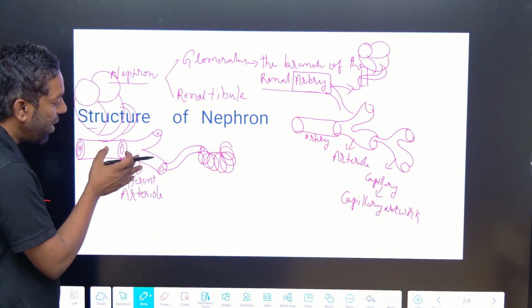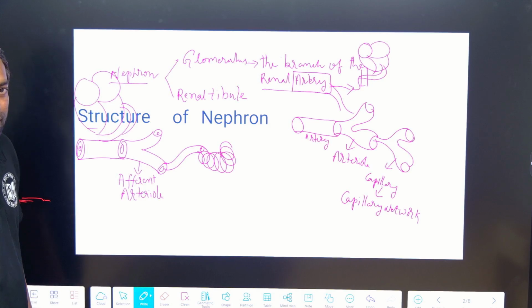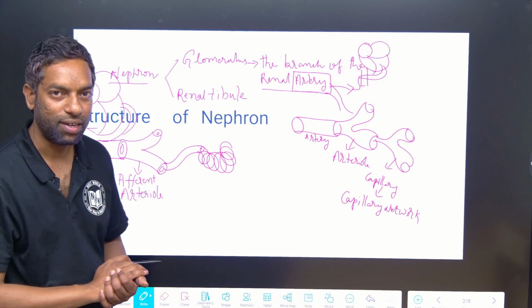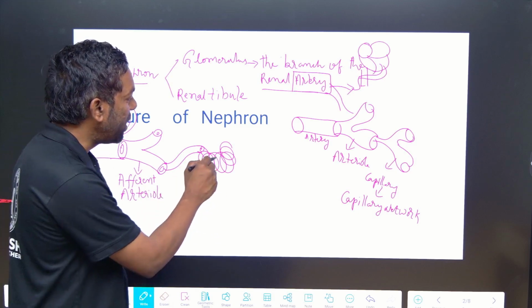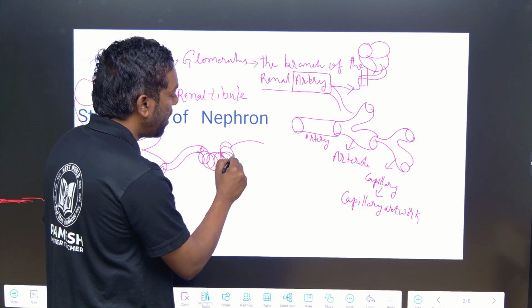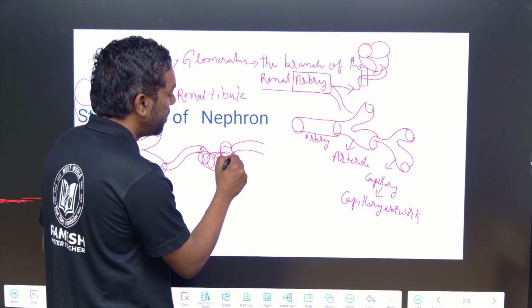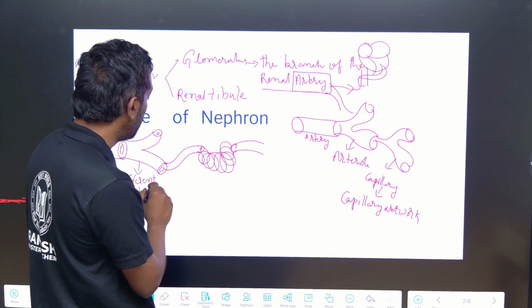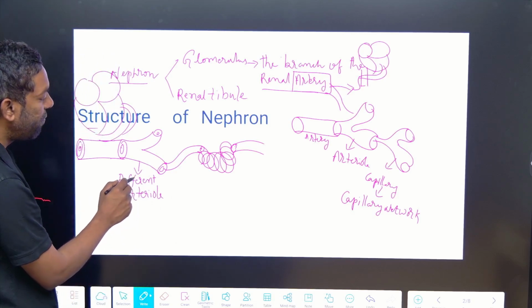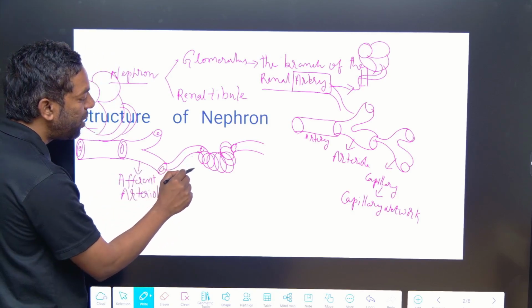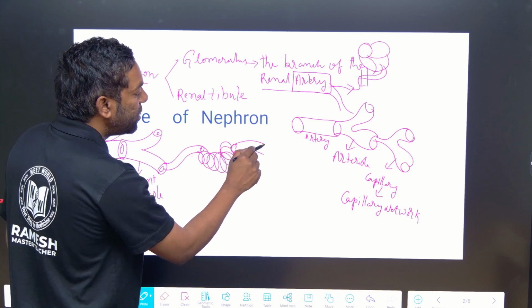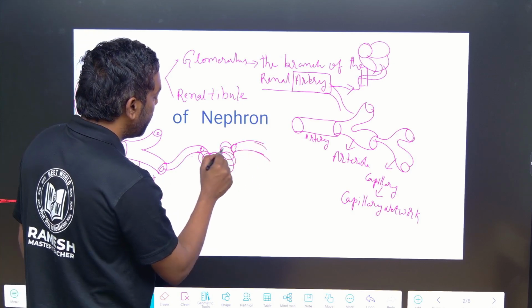Where a capillary ends, veins usually start, but here, when the capillary ends, an arteriole starts again. This is the efferent arteriole, this is the capillary network.